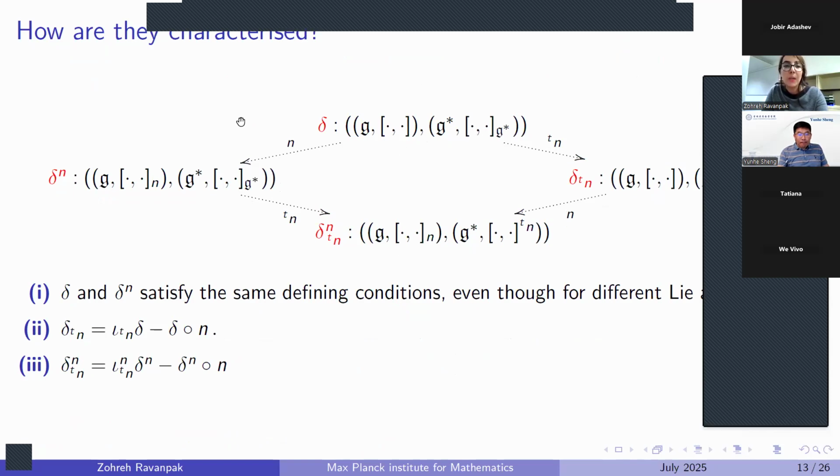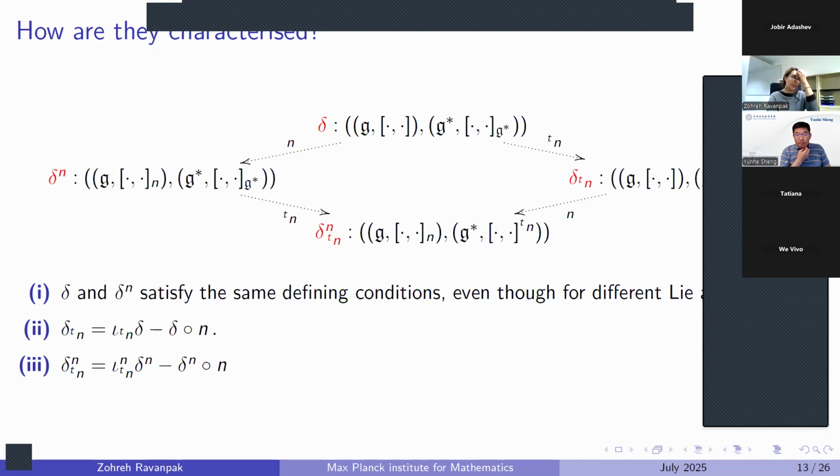Since the dual map here is the same, delta and delta with subscript N, this is just notation, we mean that delta is considered in the deformed algebra. They satisfy the same condition, but with respect to different algebras. Here, in the right-hand side, for the deformed cocycle, there is a way to write it explicitly in terms of delta, N and N transpose, and also for the double deformed cochain.